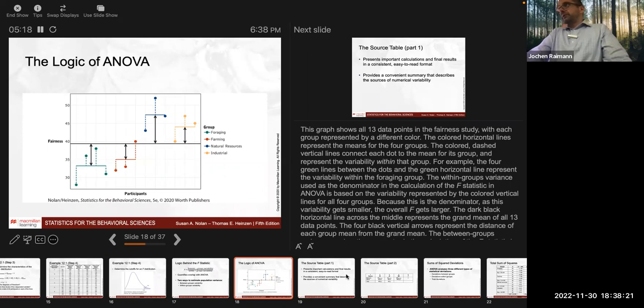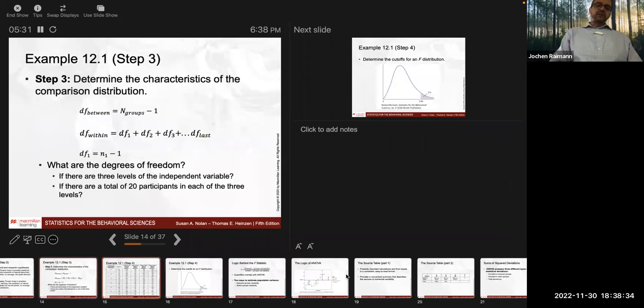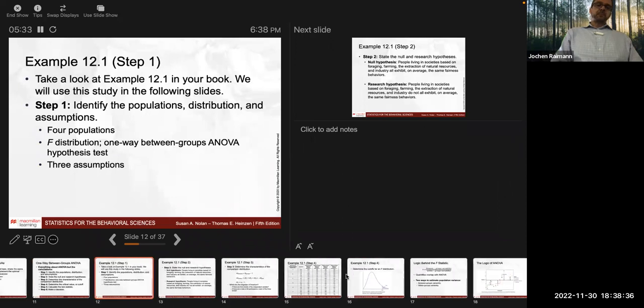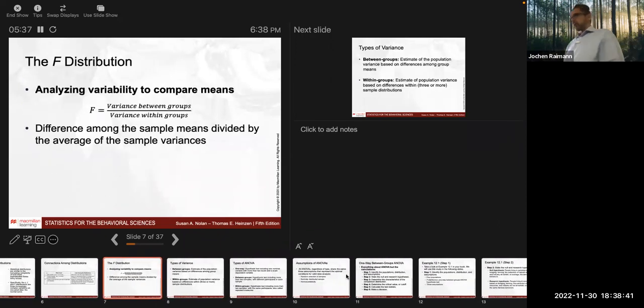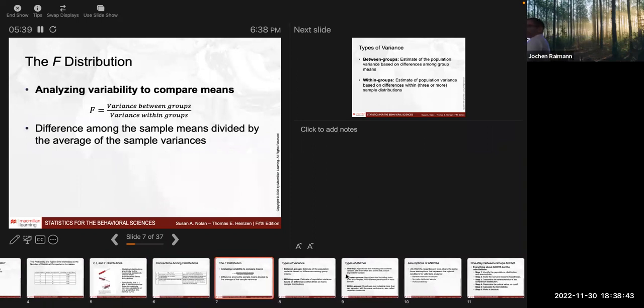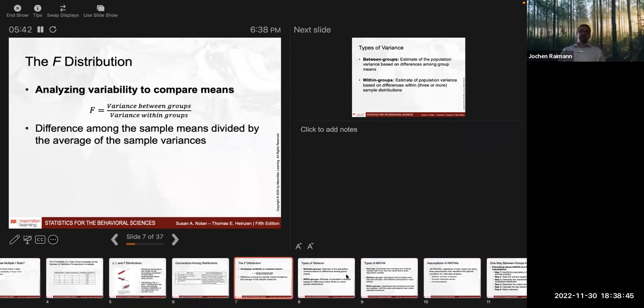Dividing it by the degrees of freedom of all the means, which is the groups minus 1, which would be 4 minus 1 here, gets you to the degrees of freedom between groups. Dividing now your sum of squares by the degrees of freedom gets you to the variance. And that's what the F calculation is.